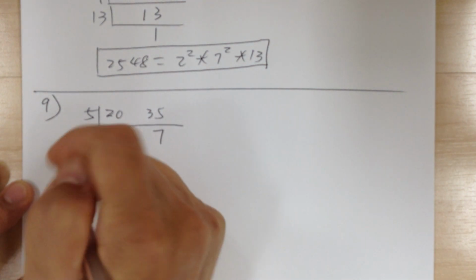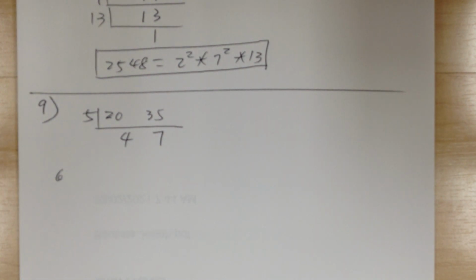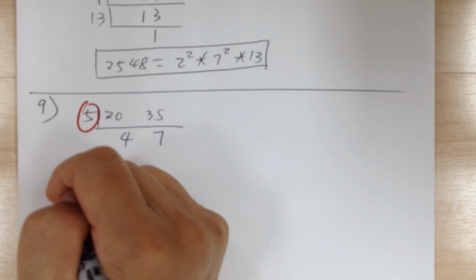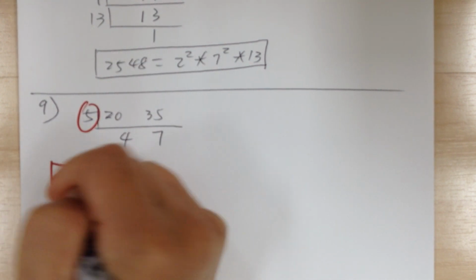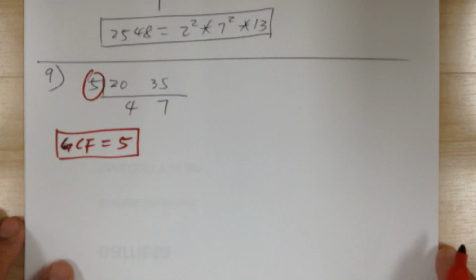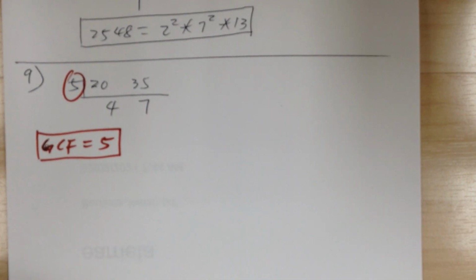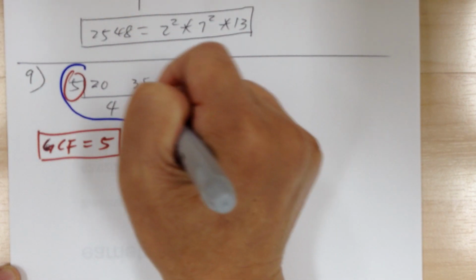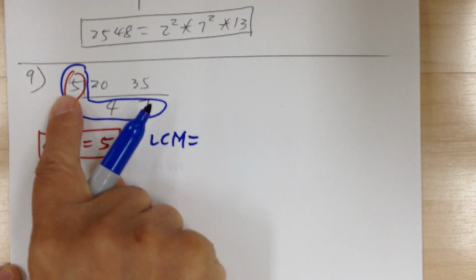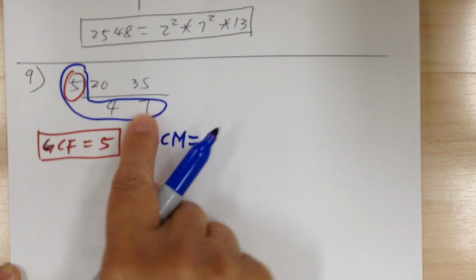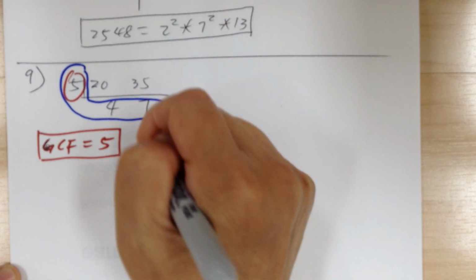So here's your GCF, equal to 5. That's your answer for part A. And this one you keep going, but you cannot go anymore, so that's your LCM. So your LCM equals 5 times 4 is 20, times 7 is 140.